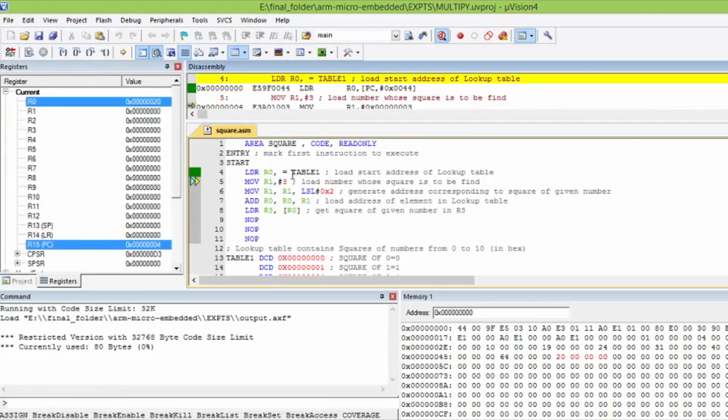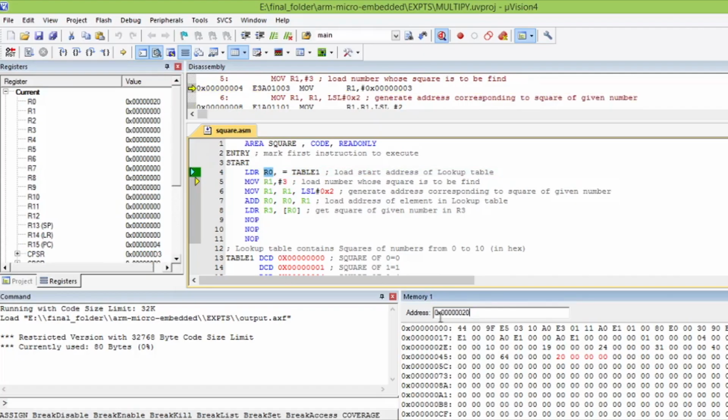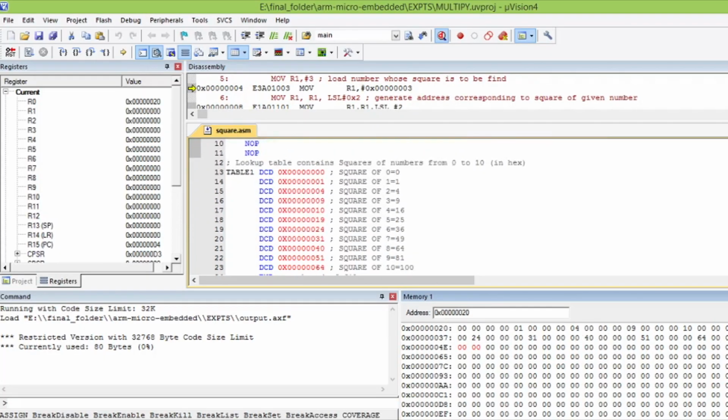The very first thing that is happening is table 1's address is loaded to R0. That is 20. So that I'm pasting in the memory window so that I can see what exactly is stored here. If you notice here, because it is DCD, this is considered as 32-bit data.